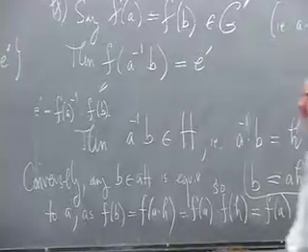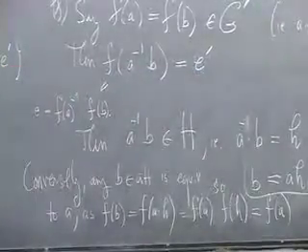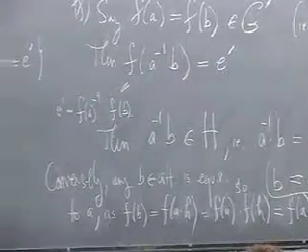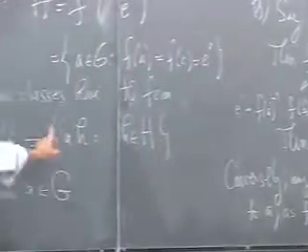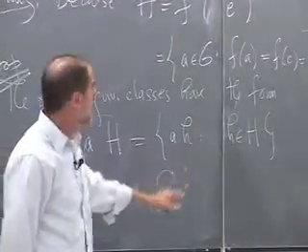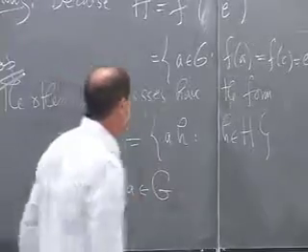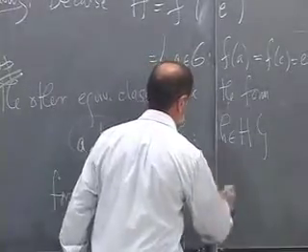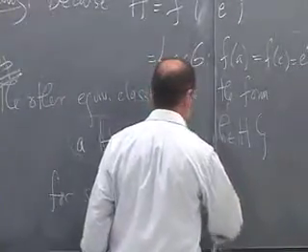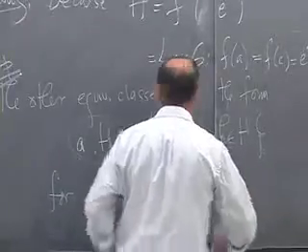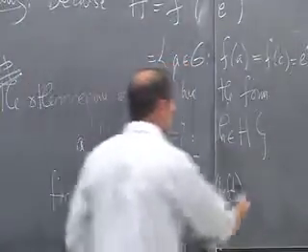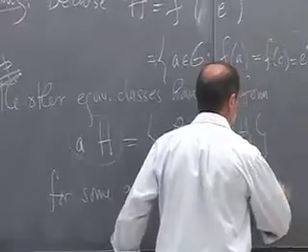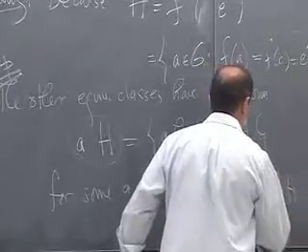So the things equivalent to a are exactly the things in this subset of G. This is called, big term here, a coset of H in G. More precisely, I think it's called a left coset, because I've multiplied on the left by a. A left coset of H in G.